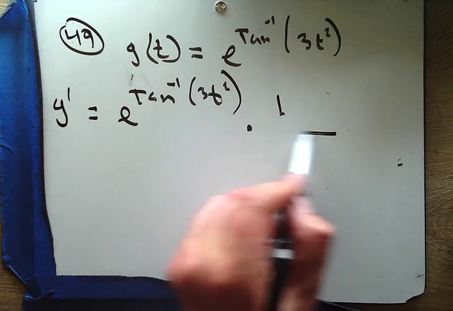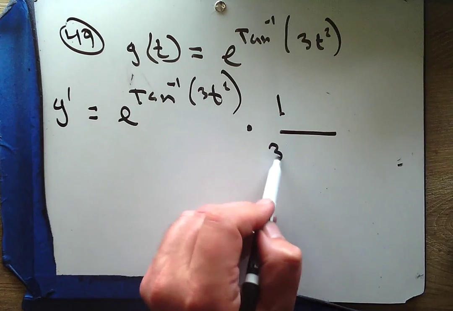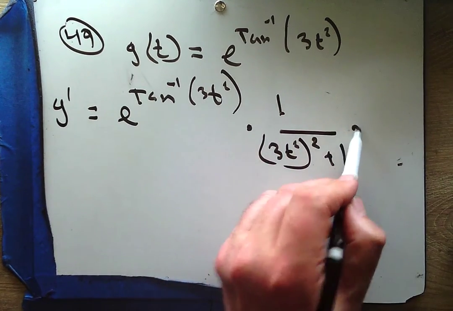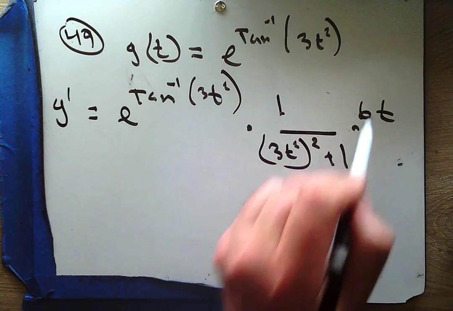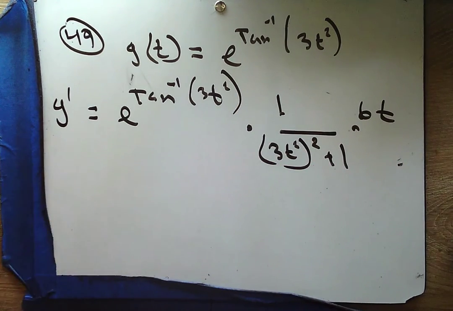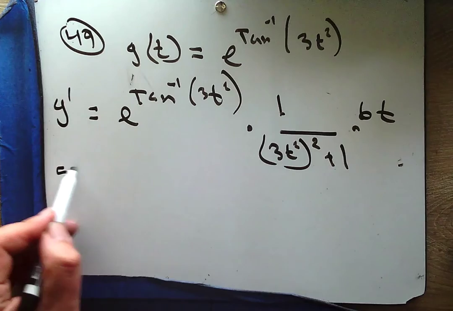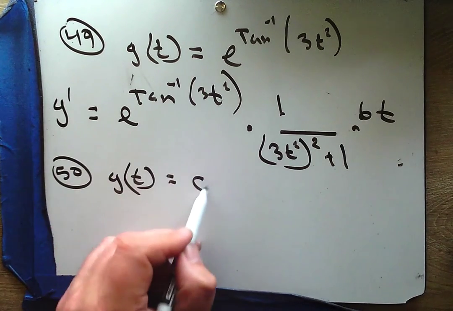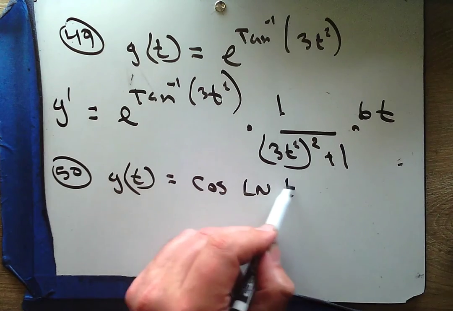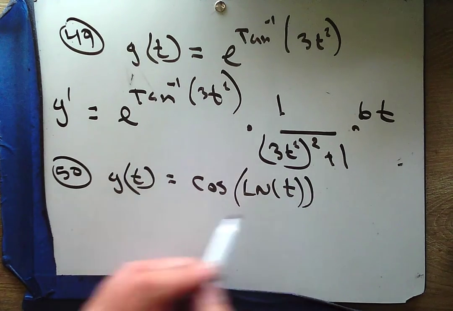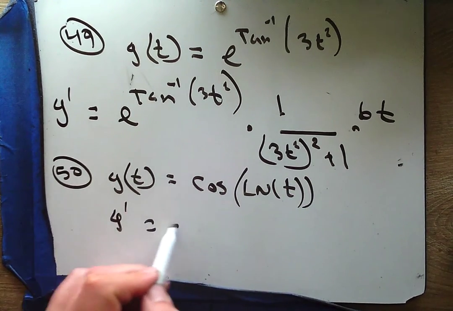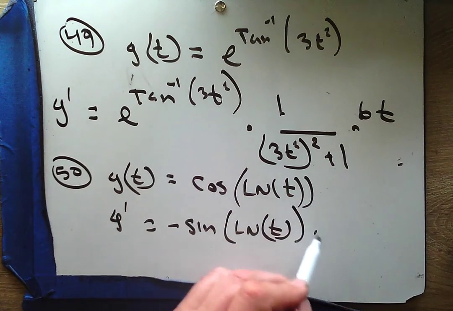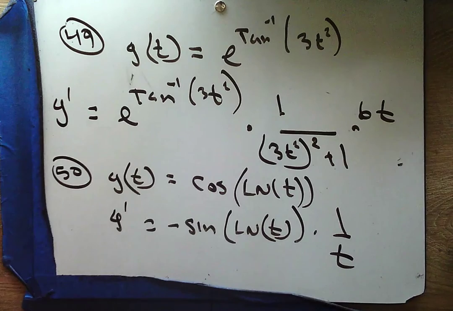It's 1 over stuff squared plus 1, times the derivative of stuff. Okay, 50. g of t equals cosine ln of t. So g prime is minus sine, leave the inside alone, times the derivative of the inside.